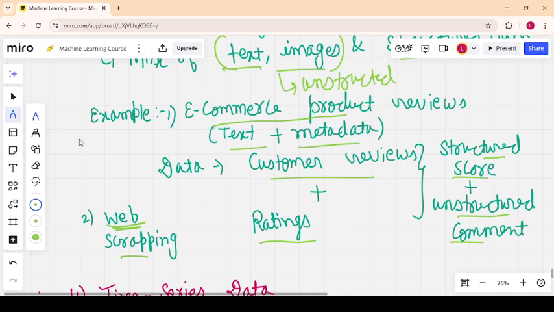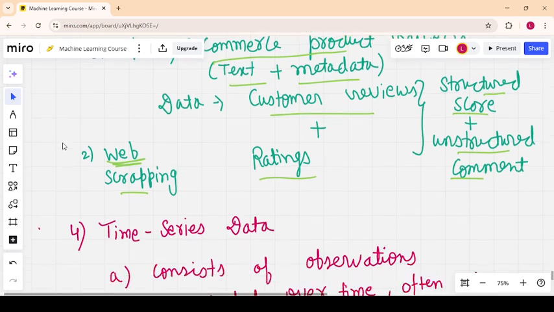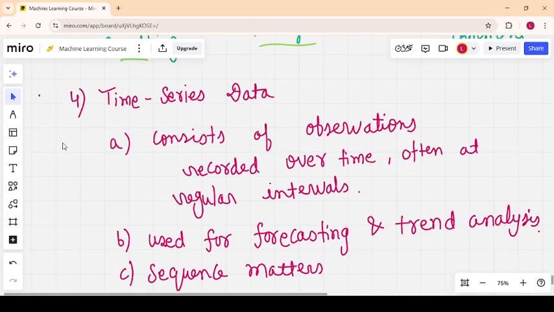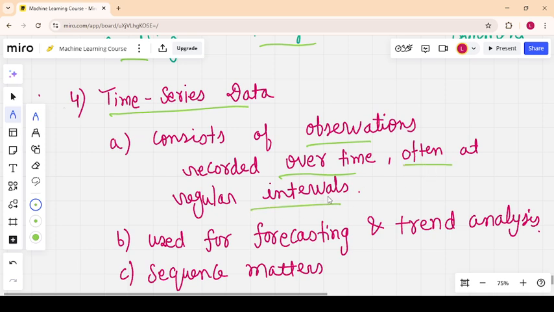Let's move to the other type, that is time series data. In the previous three types of data, we did not take time into account, but time is also important. We need to incorporate it when we process the data. So the fourth is time series data, which consists of observations recorded over time, often at regular intervals.